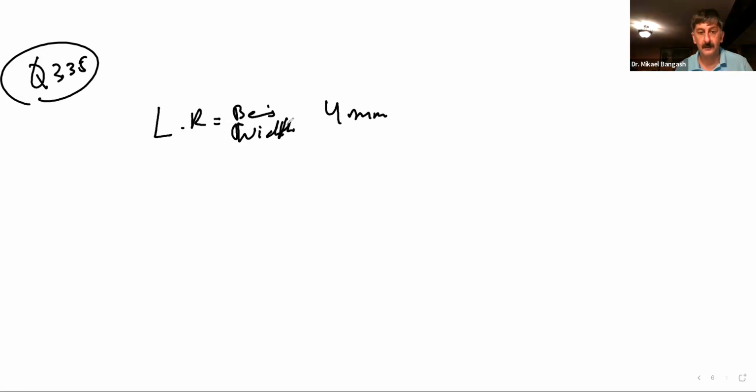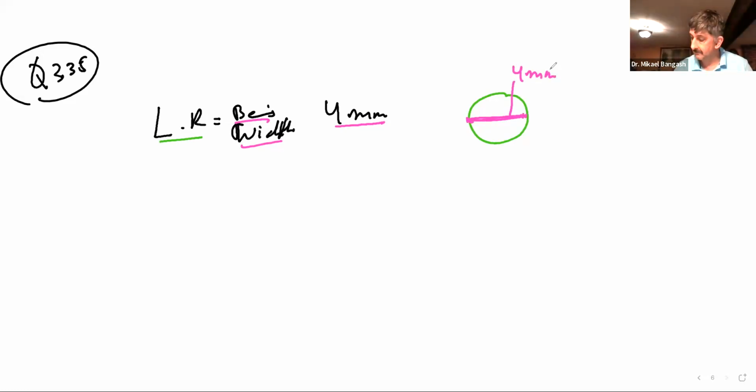So we actually say, okay, if we had a beam, and we could say that lateral resolution, which is the width of the beam, was 4 millimeters. So the distance from here to here measures 4 millimeters.